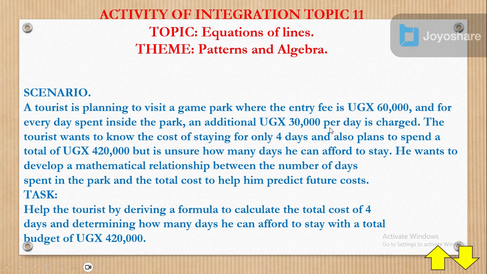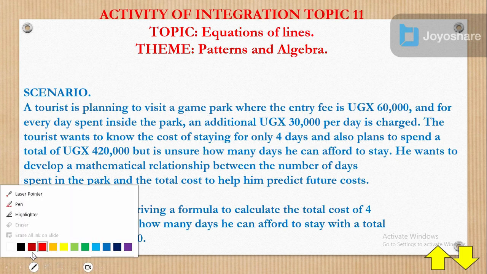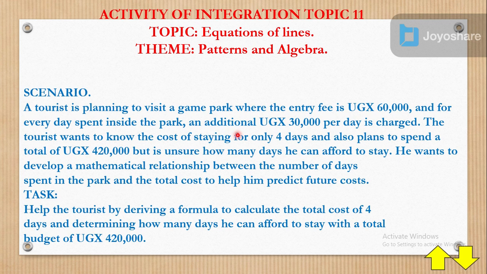Okay, so they're saying the tourist wants to know the cost of staying for only 4 days, and also plans to spend a total of Uganda shillings 520,000, but is unsure of how many days he can afford to stay.